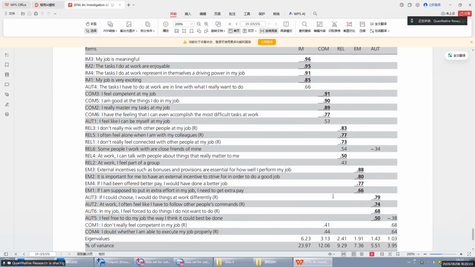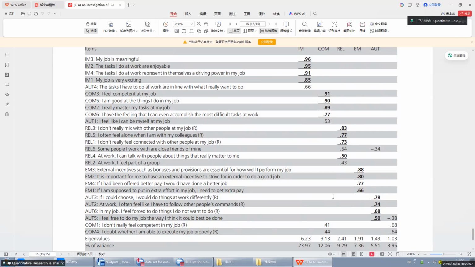Pay attention, this factor is not the factor we are using in the data analysis. So although there is a cross-loading, it will not interfere with our data analysis. So this cross-loading is not a problem.